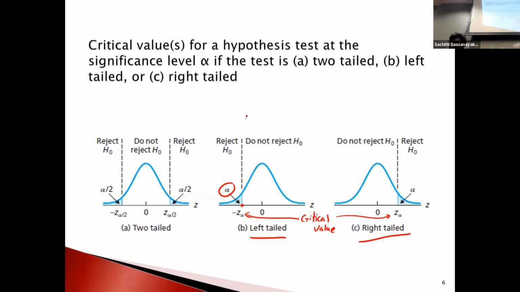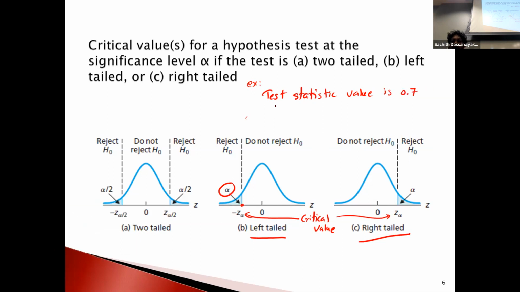So just consider these two. Tell me, based on this value, are you going to reject the null hypothesis or not? In this example, my test statistic value is 0.7.